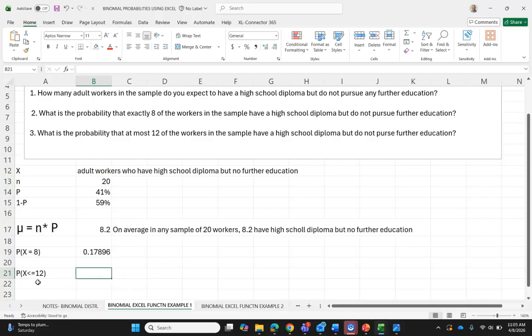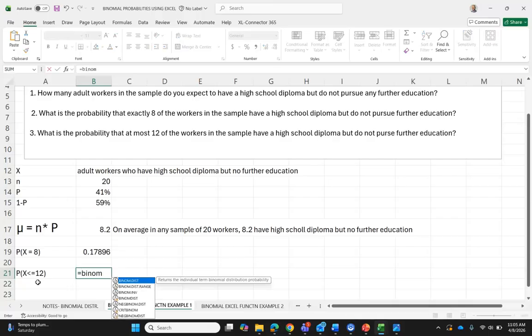And therefore, all we have to do is put an equal sign and type binom and select binom dist and do the same. We know that in this case we are looking at the probability that at most 12 workers. So we're going to write 12 workers.